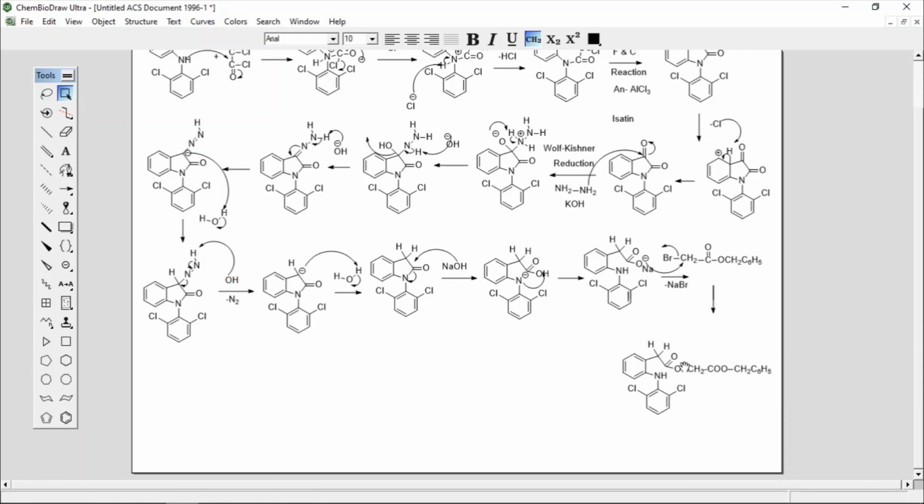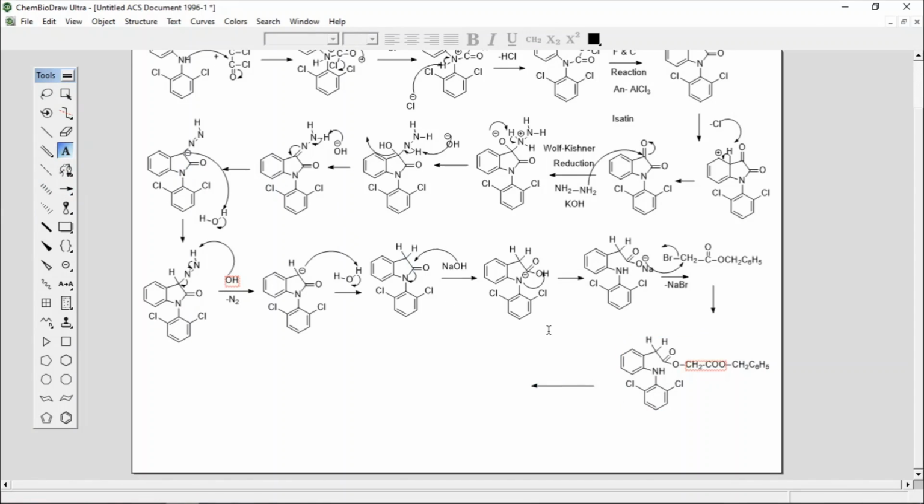So this is your final product after reacting with this benzyl bromoacetate. Then the next step is the last step.